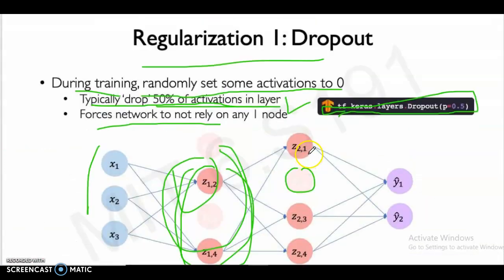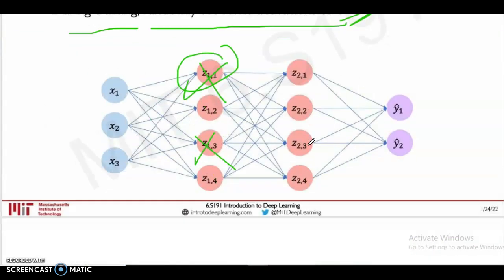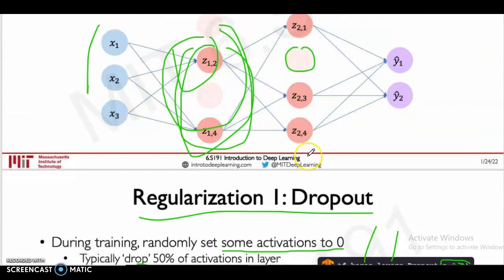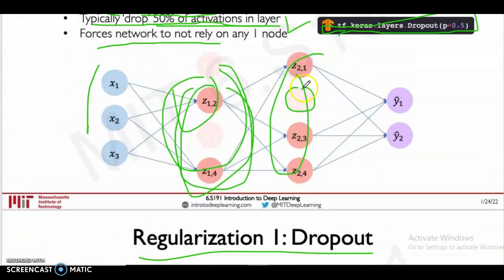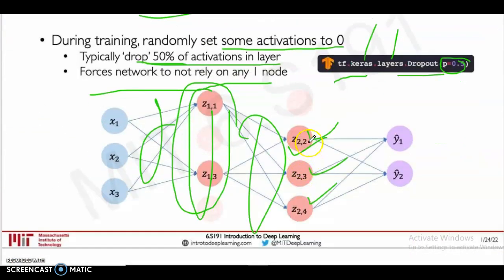Here also 4 nodes, and among these only 3 are available: Z2,2, Z2,3, Z2,4 are present. Z2,1 is the absent one.